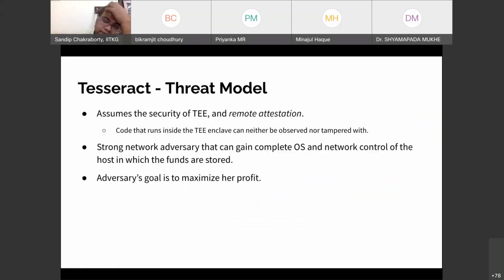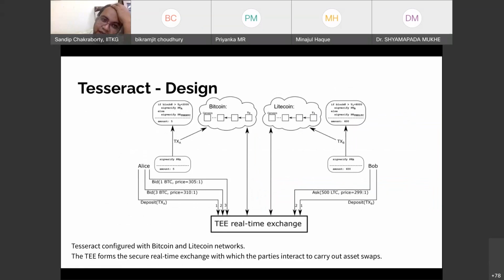So in the case of Tesseract, we have this real-time exchange which is implemented on top of the TEE. From the Bitcoin network, you initiate a transaction. While initiating it, you can submit a bid that you have one Bitcoin and you want to sell that Bitcoin at a price of 305.